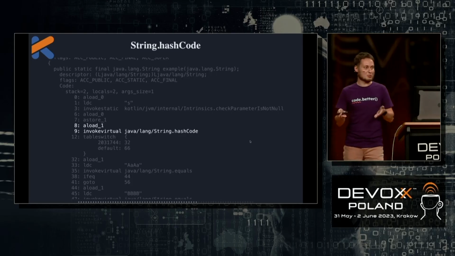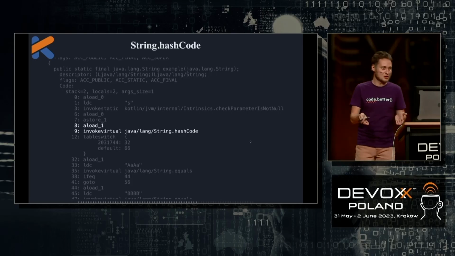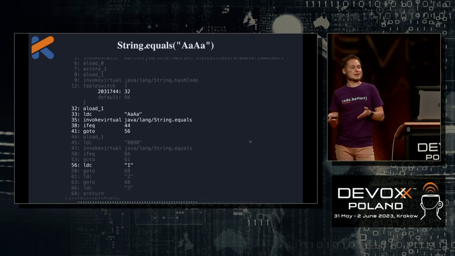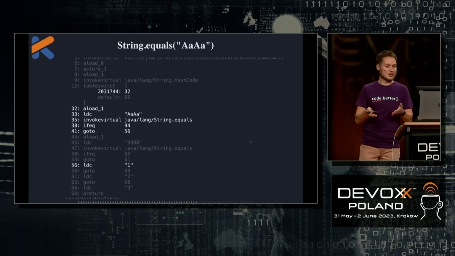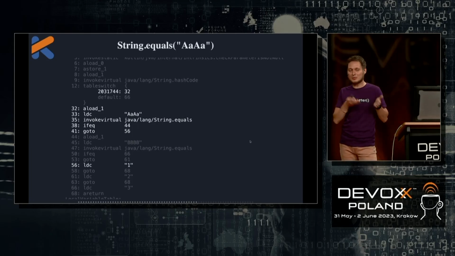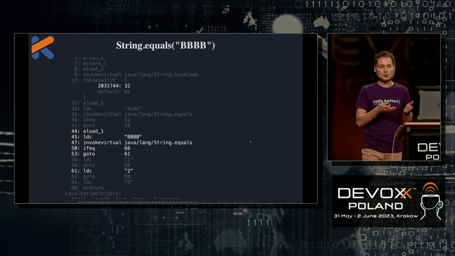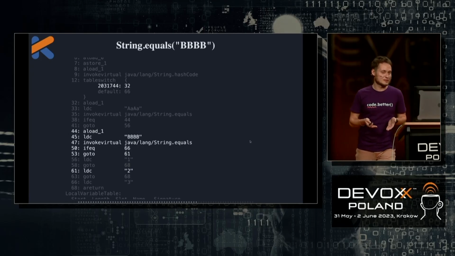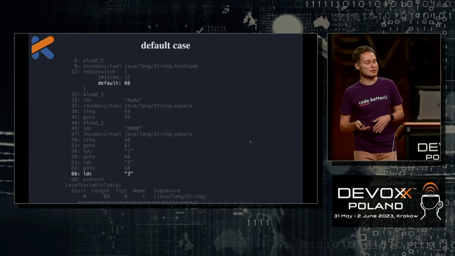So with a high probability, we would already choose the right case that we need. But in the rare case of hash collisions, we still need to do string equals. And that's exactly what happens in this example. Those two strings, B and AA, happen to have exactly the same hashcode. And, well, there is a default case.